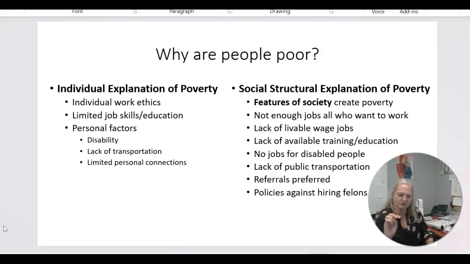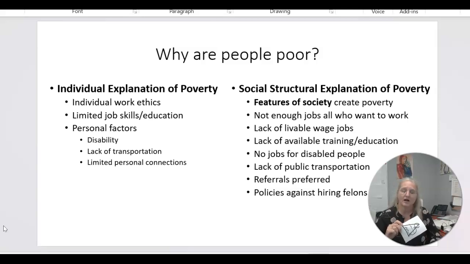The social structural explanation says that the reason that people are poor is because the jobs pay low wages and the jobs available to people in certain places are not adequate to provide basic needs. So the reason that moms are more likely to be poor in rural America is because there are no jobs in rural America, and the jobs that are available are probably low wage.